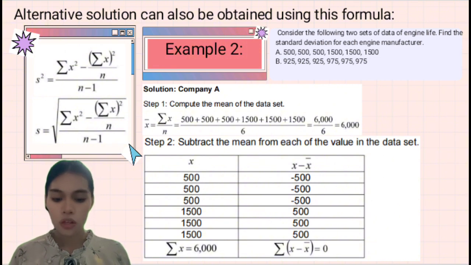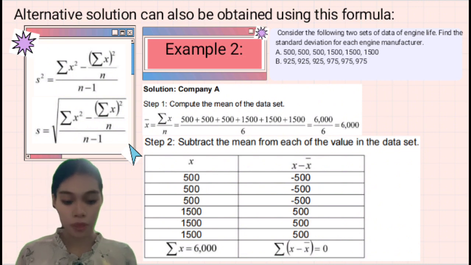We need to subtract the mean from each of the values in the data set. The mean is, oh sorry, 1,000, I mean.